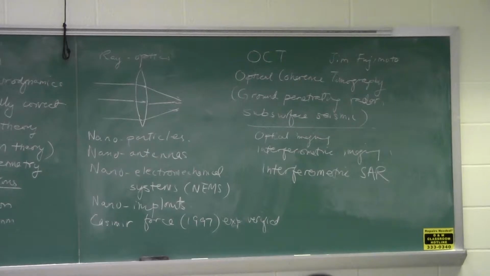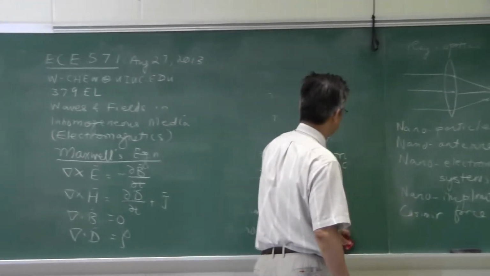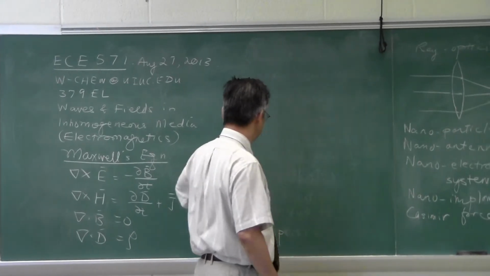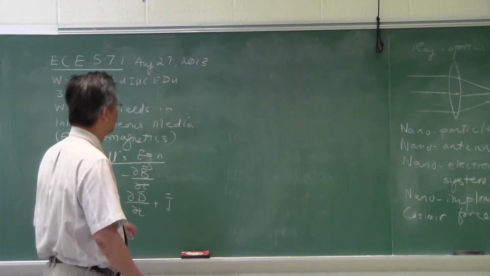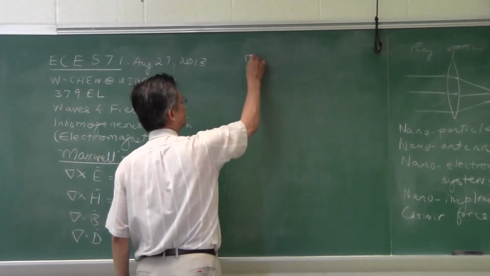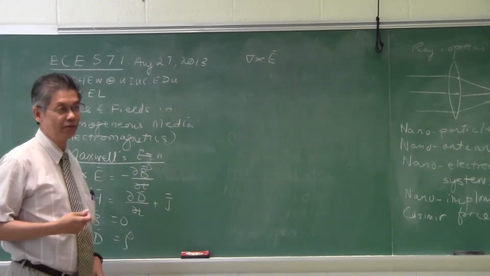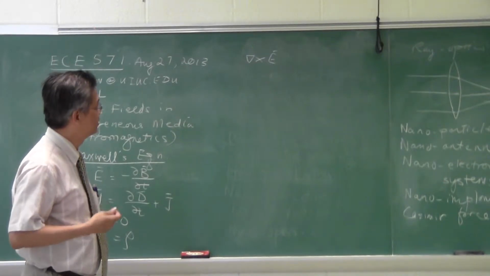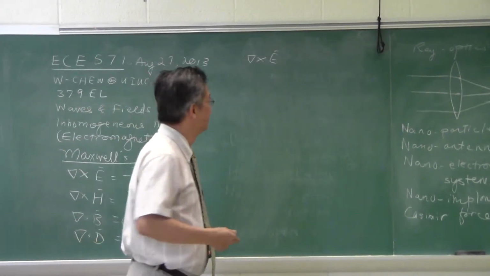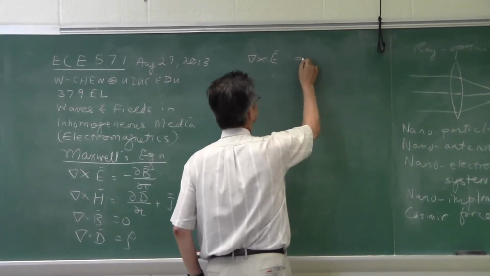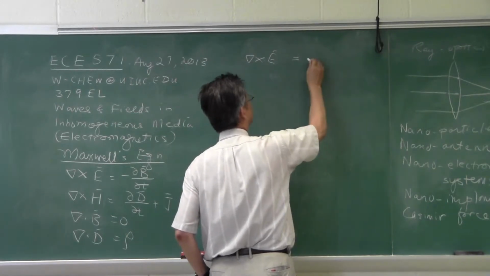Let's go back to looking at these four equations again. So what does the curl of E mean? Curl is a measurement of rotation. When you take the curl of something, you measure the rotation of the electric field.